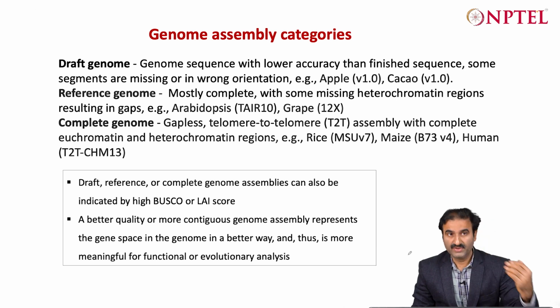With better contiguity, the chances that you will cover all or most of the genes will also be higher, that is BUSCO. And also the analysis that you do will have very few errors in terms of sequence ambiguity or mutations, so that it can be used for evolutionary analysis.